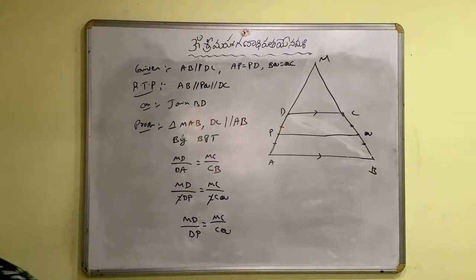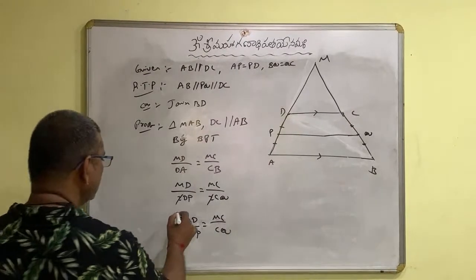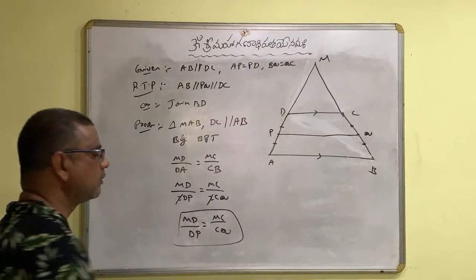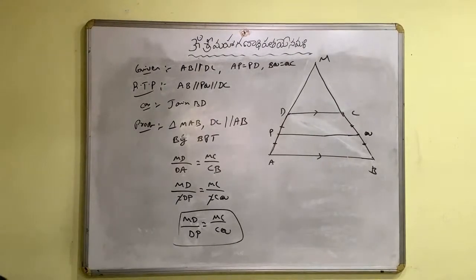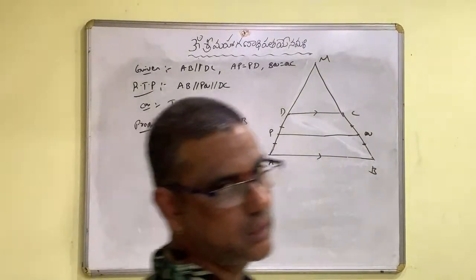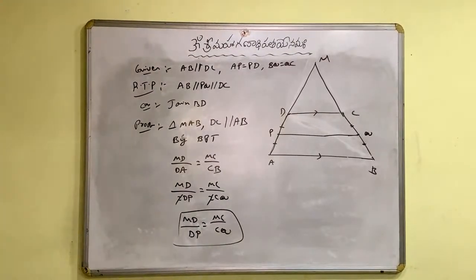Now observe this ratio. Children, give your conclusions. MD by DP is equal to MC by CQ. What is your conclusion?